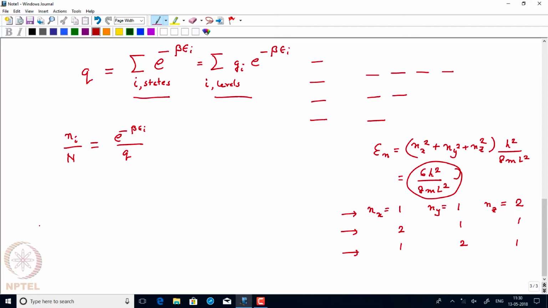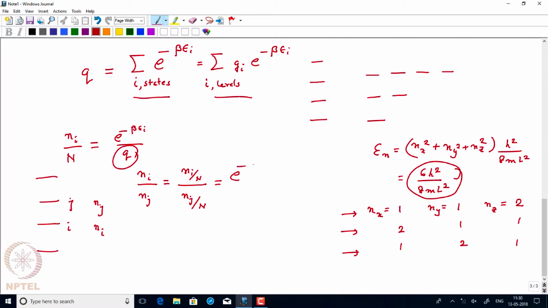Now suppose I have many energy levels, and I'm just talking about two particular energy levels. If the numbers of particles in these energy levels are n_i and n_j, then we can also predict their ratio. n_i by n_j will be nothing but, using the formula for the probability, you can easily see that this q gets cancelled out.